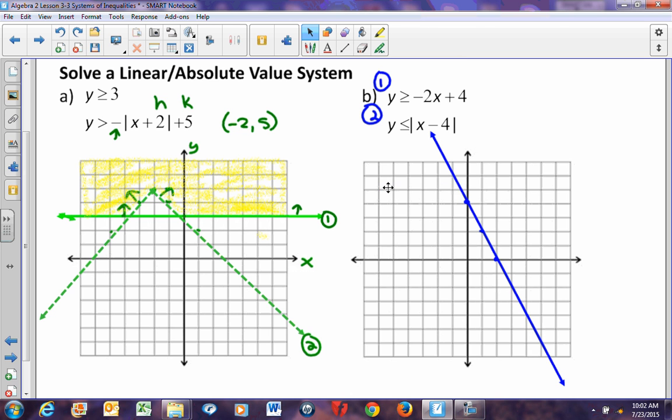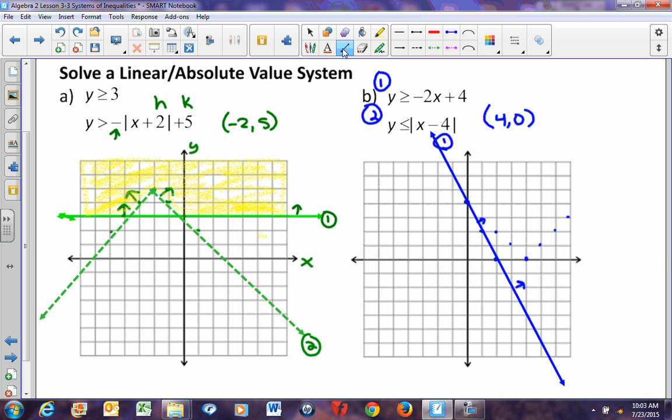Since it is greater than, we would be shading this out of it. The second one is again an absolute value inequality, in which the vertex is at 4, 0. So I'm going to get to 4, 0: 1, 2, 3, 4, 0. The slope doesn't have a negative, doesn't have a number in front of the absolute value, so my slope is up 1 over 1, up 1 over 1.